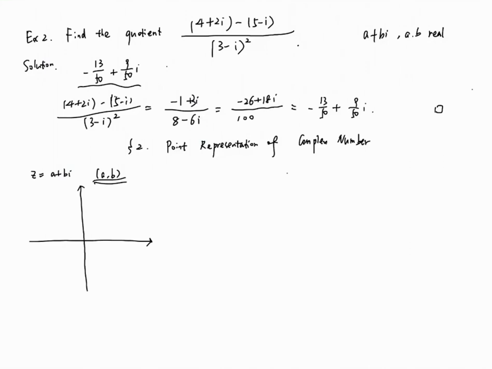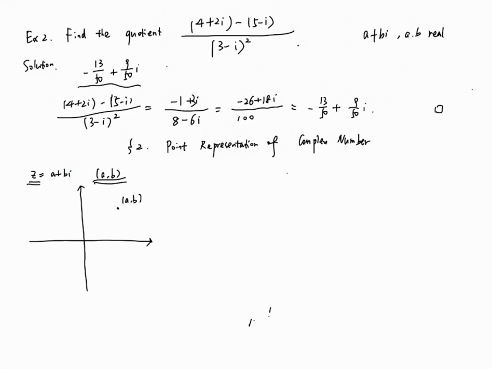So the points here, for example, on the xy plane, a, b stands, for example, for this point. Then it can correspond to our number z. So it's a one-to-one correspondence.